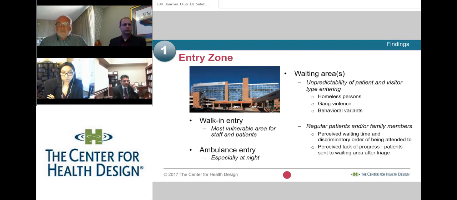Ambulance entry, when it is not along with the walk-in entry, could have anxious family members, especially when it is late night and they're arriving, who could be a source of security concern. And in the waiting area itself, as the discomfort or pain level of the patients goes up, that slowly becomes more challenging from a security perspective.